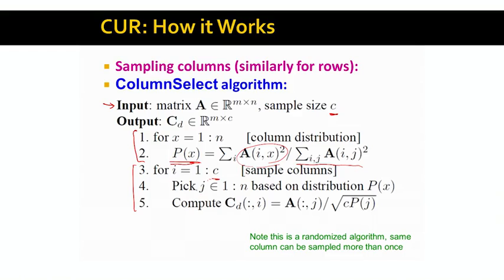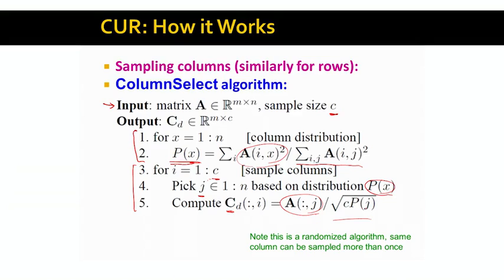We pick a column j with probability proportional to the length of that column. Once we select the column, we put it in the matrix C by taking it out and multiplying it with the square root of C times the probability for that column being chosen.